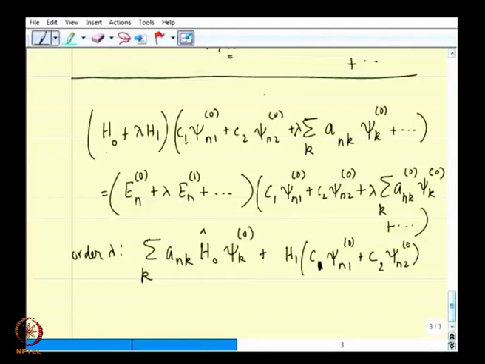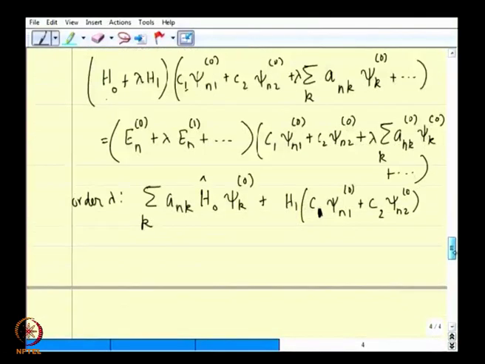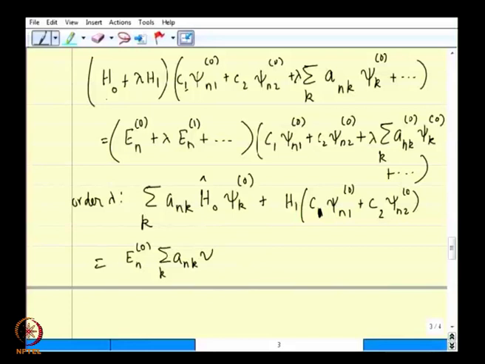the left hand side, and on the right hand side what you have is the corresponding term for the lambda, namely E n 0 sum over k a n k psi k 0 plus E n 1 times C1 psi n1 0 plus C2 psi n2 0.